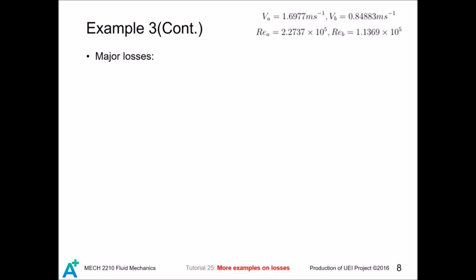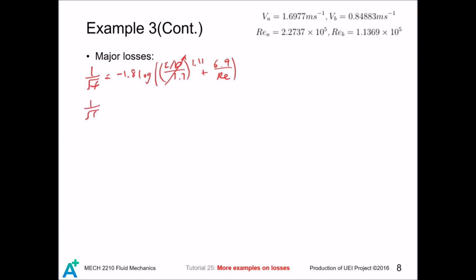For pipe A, the equation is given by, and our pipe is smooth.